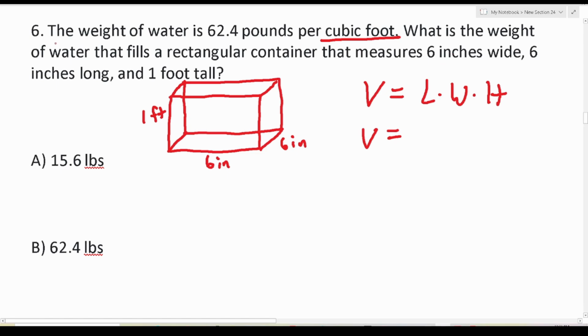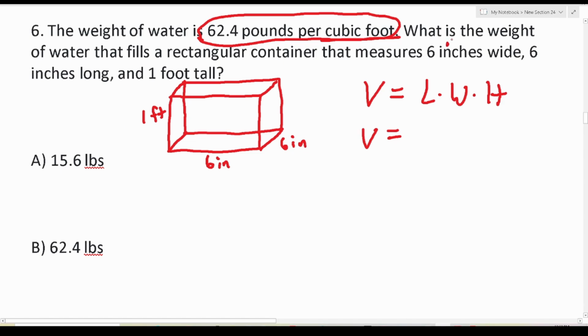We have 6 inches, 6 inches, and 1 foot. So we can either convert these inches to be in terms of feet or this foot to be in terms of inches. Well, we're given this measurement in terms of feet as well. So I'm going to take these inches and convert them to feet as well.